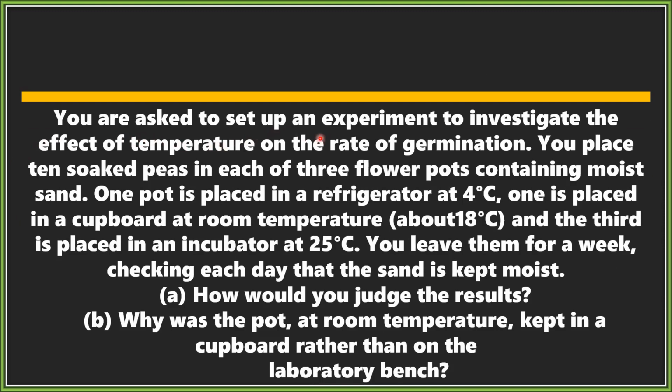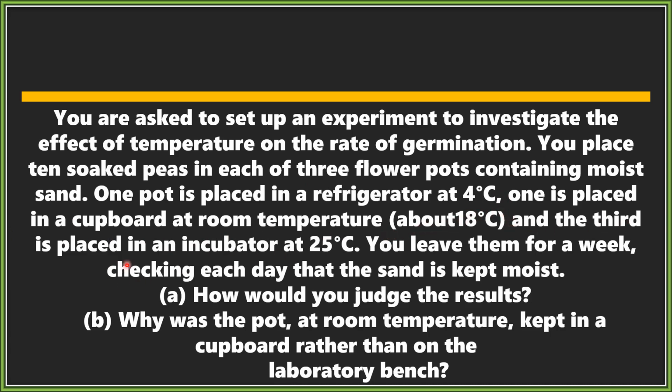You are asked to set up an experiment to investigate the effect of temperature on the rate of germination. You place 10 soaked peas in each of the 3 flower pots containing moist sand. 1 pot is placed in a refrigerator at 4 degrees Celsius. 1 is placed in a cupboard at room temperature, about 18 degrees Celsius.